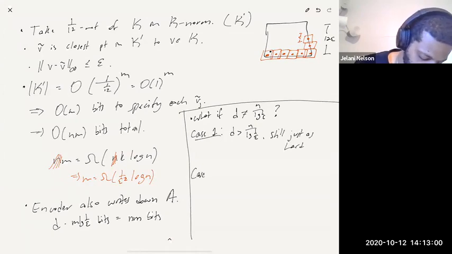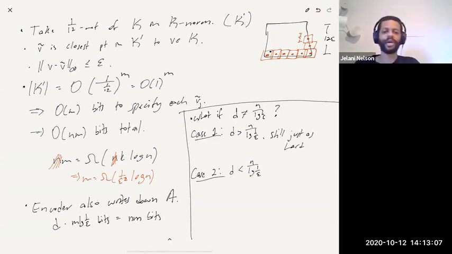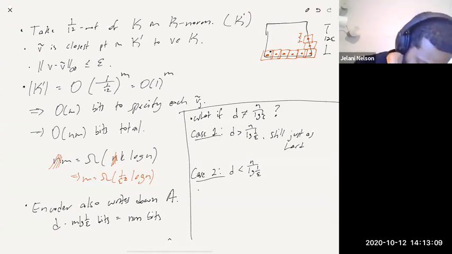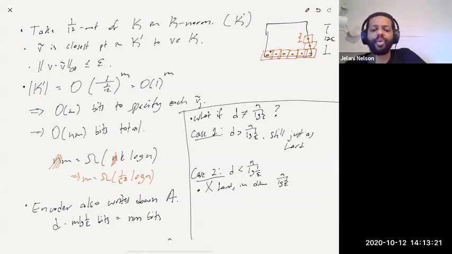Case 2, what if D is less than N over log 1 over epsilon? Okay, let's say that X is the hard point set. X is hard. It's in dimension N over log 1 over epsilon. Hard meaning that it's a point set where you cannot beat JL. So what are we going to do to X?